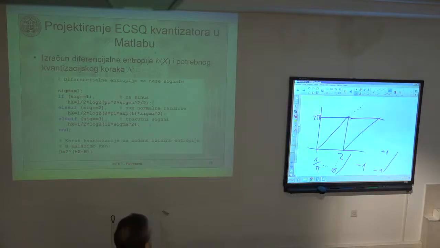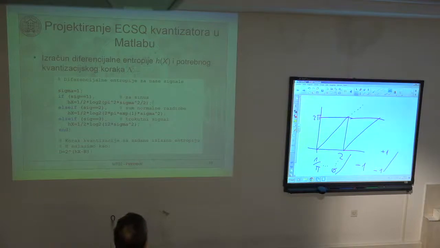I have uniform instantaneous phase, but y is a deterministic function of a random variable, the instantaneous phase. And for such a function, you can also find all of the moments, so the expectation, the variance, but also the differential entropy.